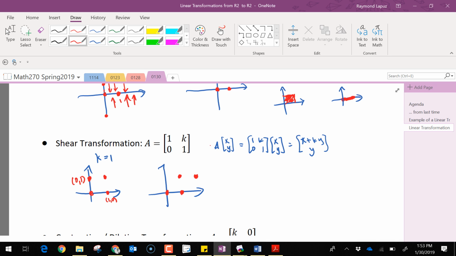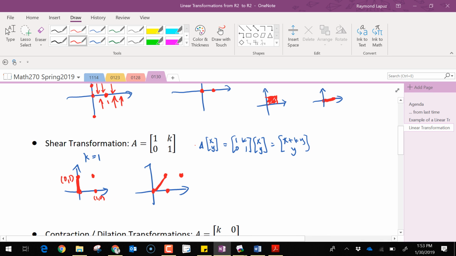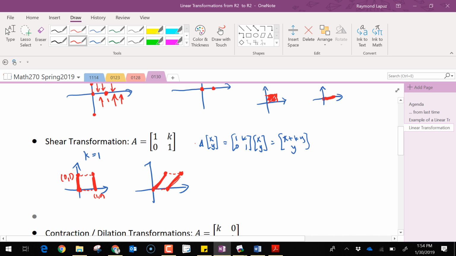So you can kind of see that if you take a look at this line segment, it would correspond to this line segment. And then that's what happens to this transformation.